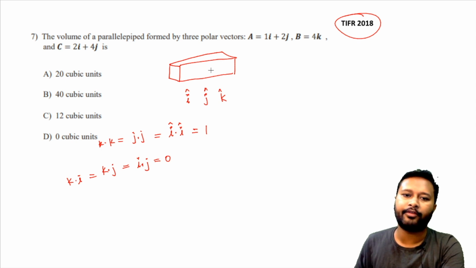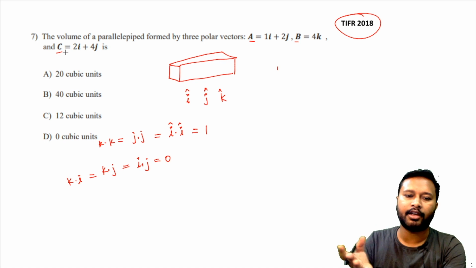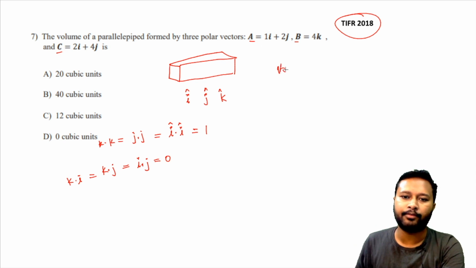Now here you have to find out the volume. You know, volume of any shape is equal to length into width into height. So let's say these vectors are explaining the three dimensions or three lengths. So your volume will be equal to A dot B dot C. So you have to just multiply the three vectors.